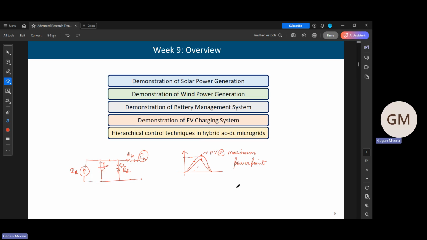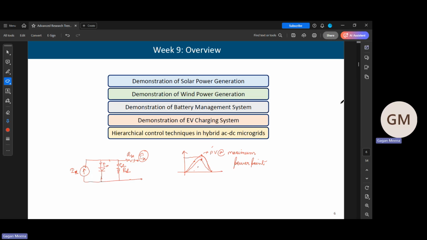This point is where it will operate at maximum power, and this is done by the buck-boost converter, the chopper, by changing the firing duty cycle. So this was the theory of solar power.